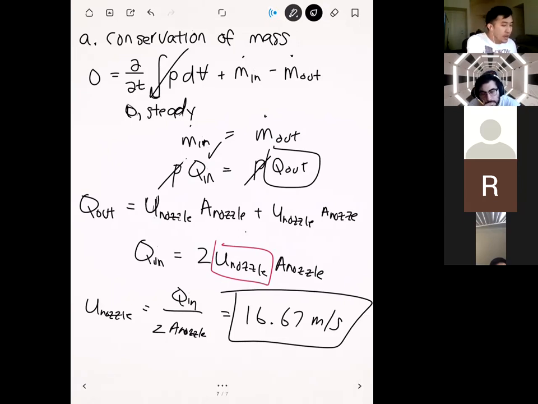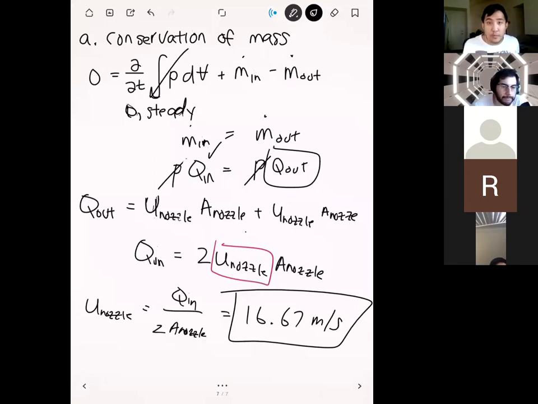Okay, and the way that you usually solve for those velocities is through conservation of mass. Okay? So in this case, we didn't know what the velocities at the two nozzle outlets are, or the two sprinkler heads, and so the way that we solve for that is through conservation of mass. Okay? And so now that we know this velocities, we can plug that into our conservation of angular momentum. Okay. All right, any questions on this part right here?